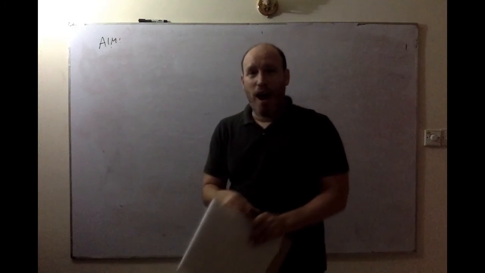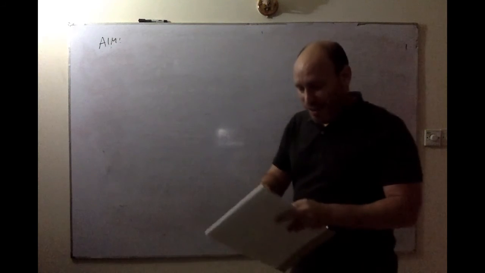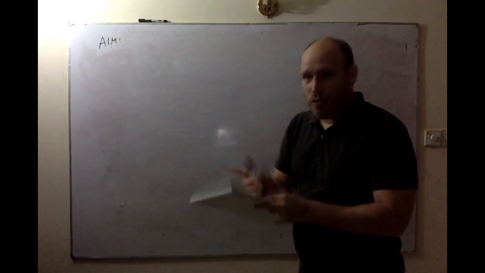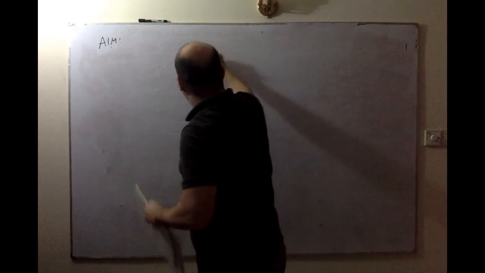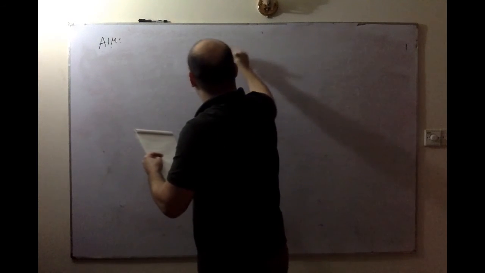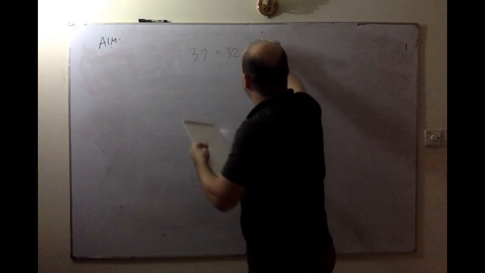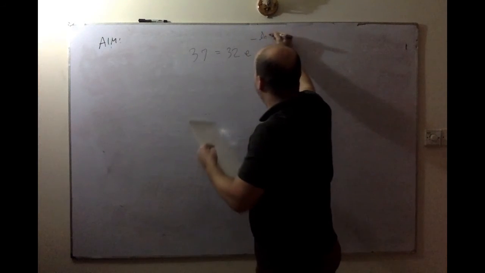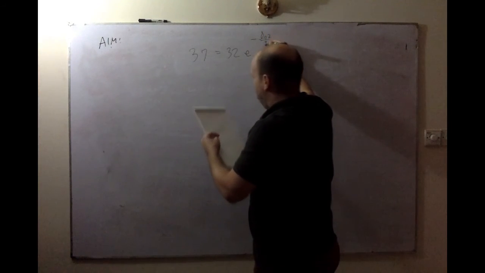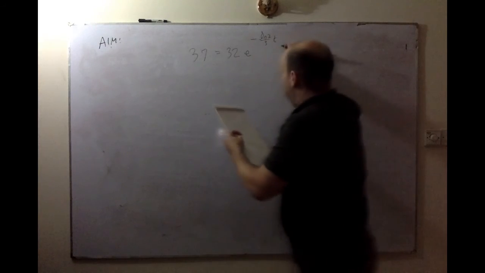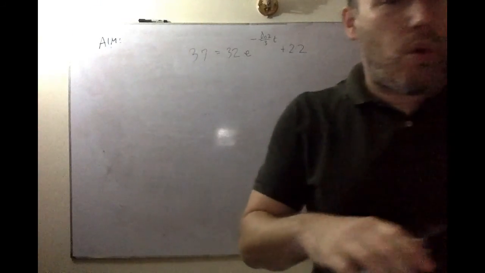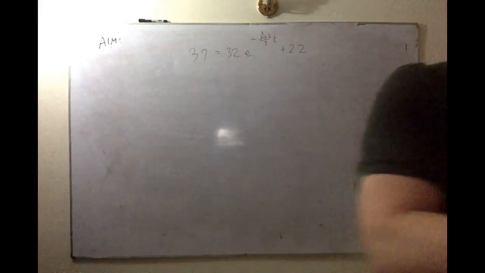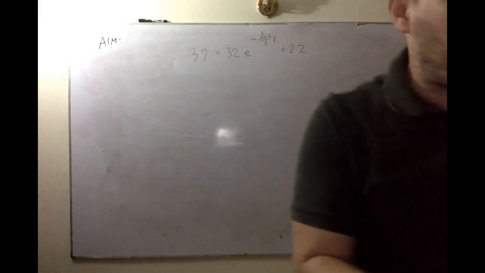Okay, so I'm redoing the video because the ending was really bad. So the equation is T equals 32 e to the negative ln of 2 over 3 t plus 22. Sorry, let me get a new pen.